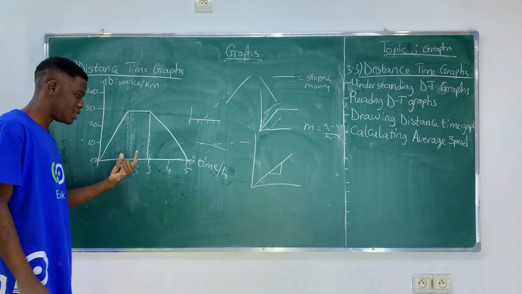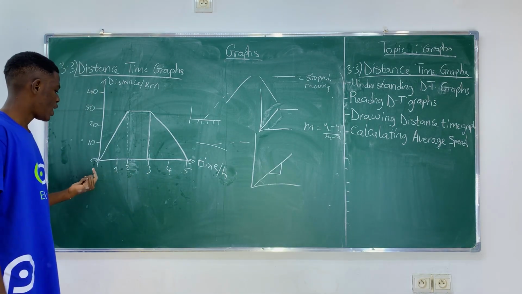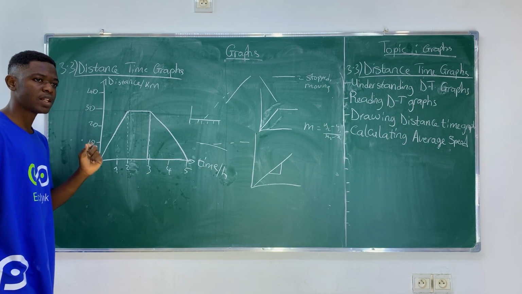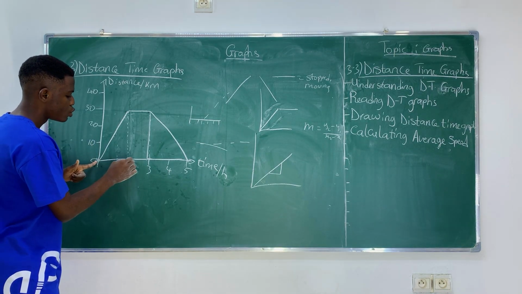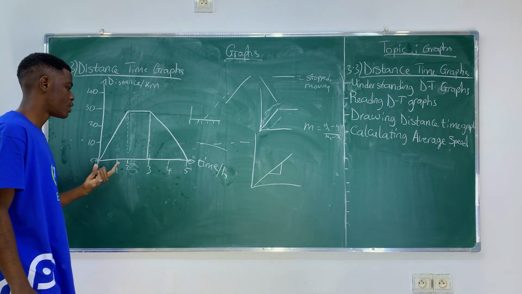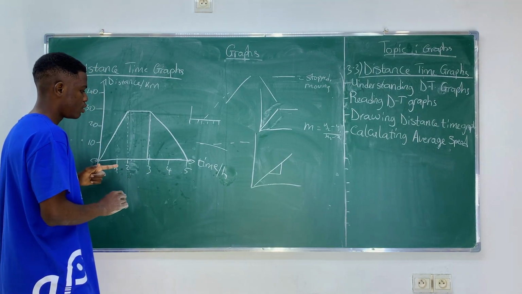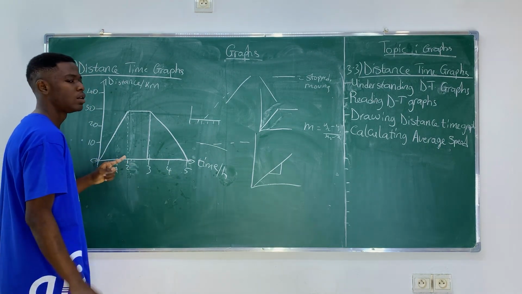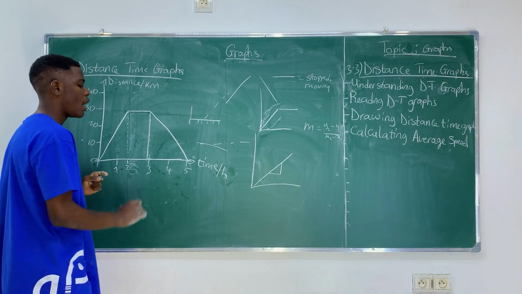So here you want to describe this motion. How do you say it? The car was moving with a constant speed for the first 2 hours, from 0 to 2 hours. Then the car stopped from the second to the third hour, for 1 hour.